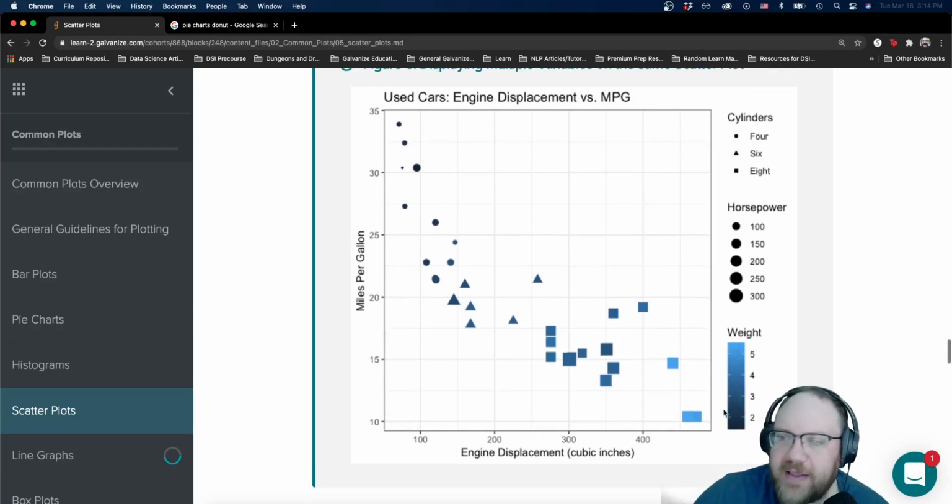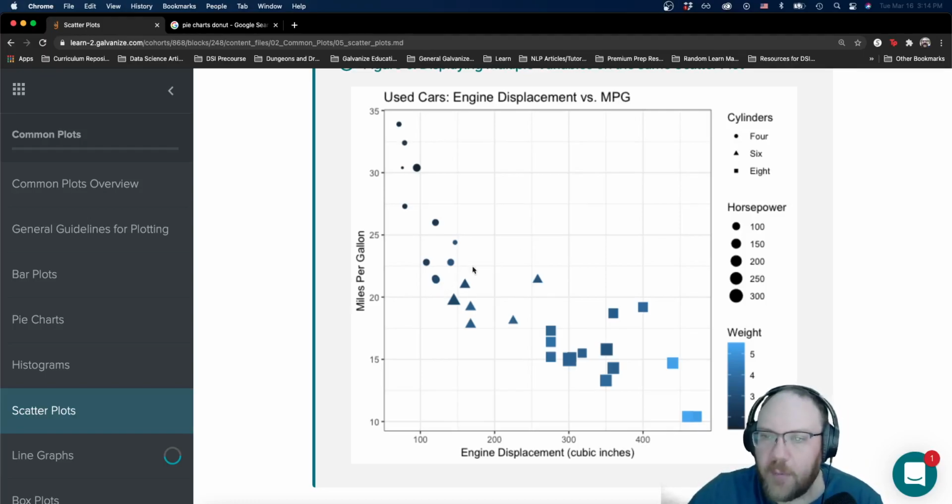I think you'll see that there are some nice trends here. We have what I would classify as likely economy cars, having over 20 miles per gallon efficiency, all having 4 cylinders, all being relatively small engines, less than 200 cubic inches. Actually, it looks like less than 150 cubic inches. We can also see all of those are pretty dark, so these are going to be pretty light cars in general.